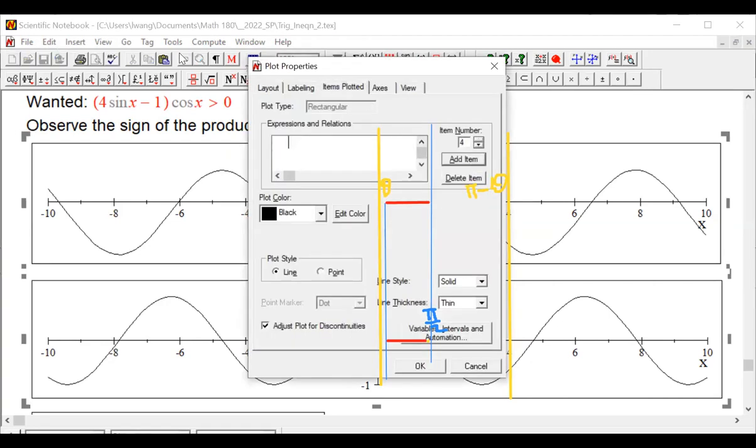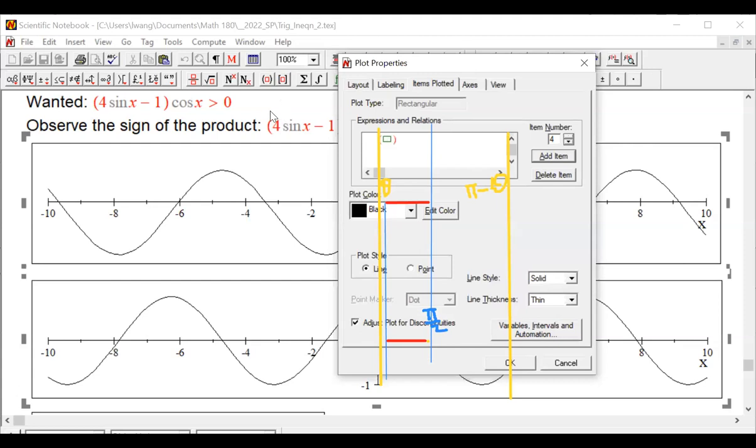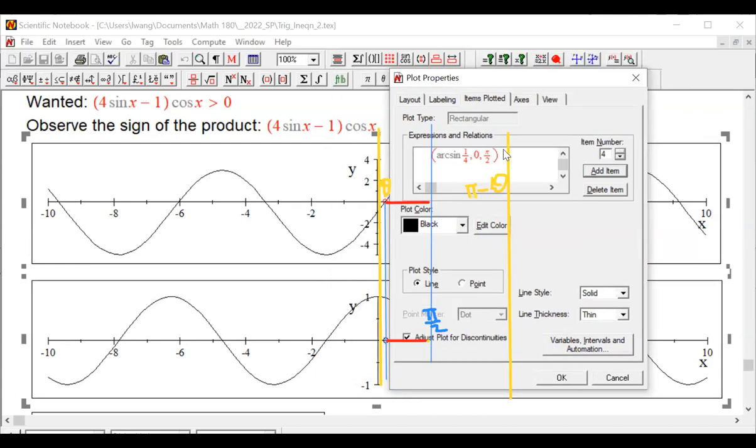And that is going to be arc sine 1/4, 0, pi over 2, comma 0.